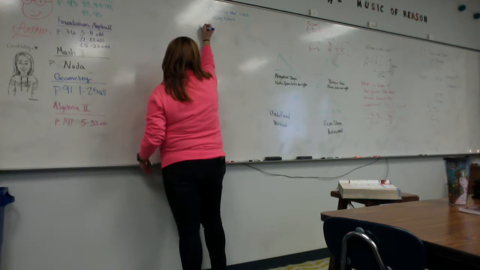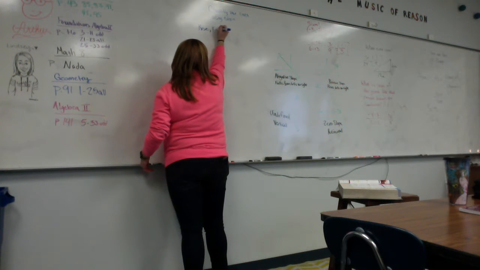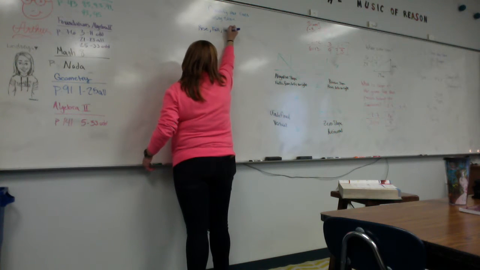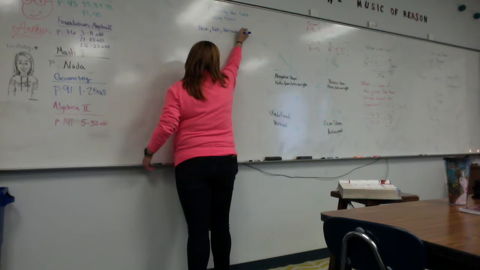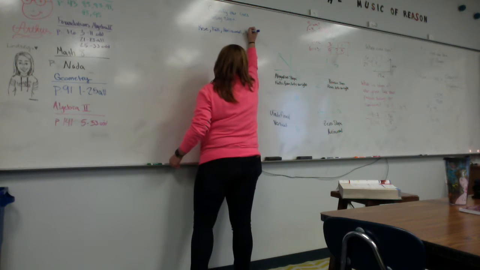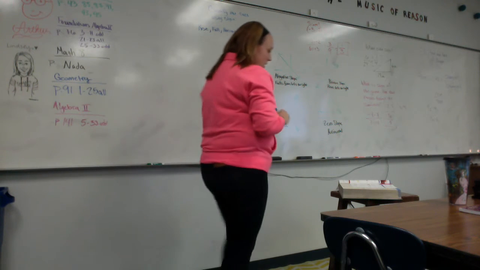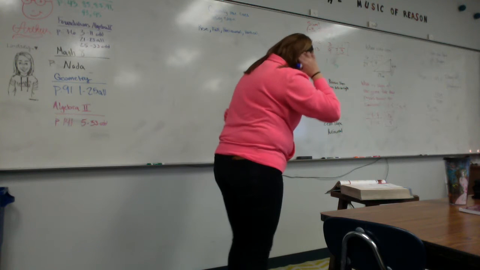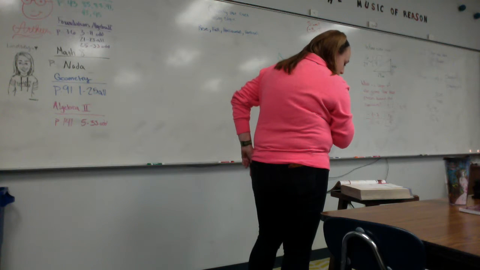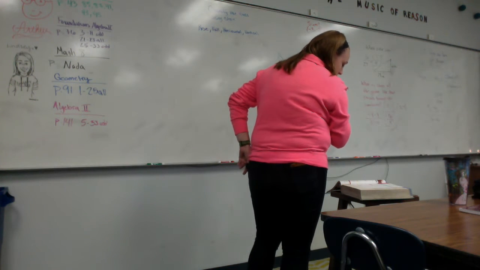Okay? So does it rise, fall, is it horizontal, or is it vertical? So we're gonna start with A. And I'm gonna do 4 of them so that you can see one of each, but we'll see here.